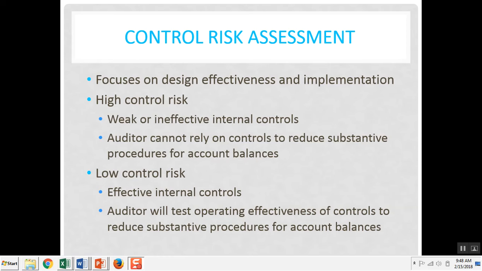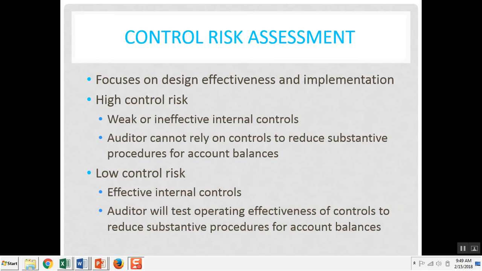If you have a high control risk, that means the risk is high that material misstatement could occur, which means that you have weak or ineffective internal controls, and therefore you cannot rely on those controls to reduce your substantive procedures, and you need to do more substantive procedures.